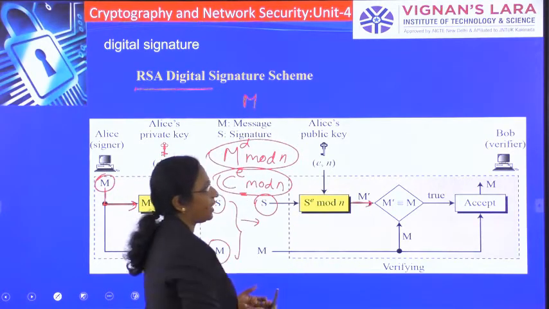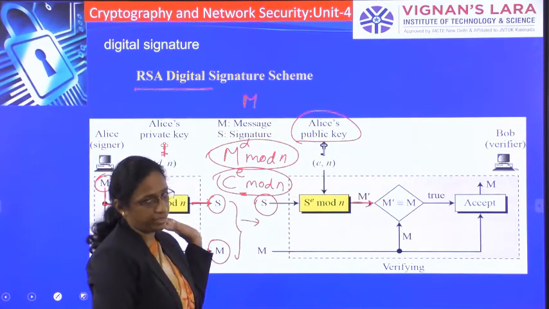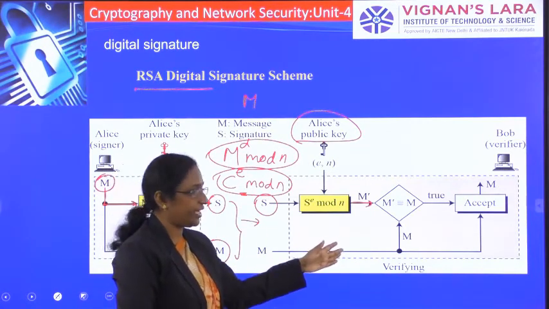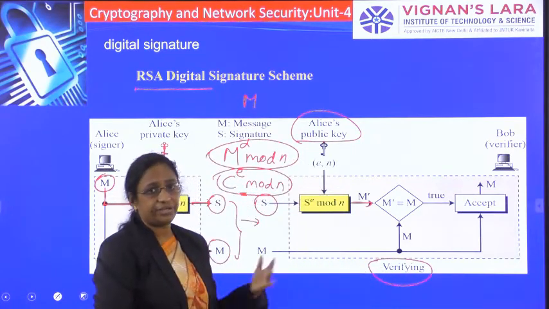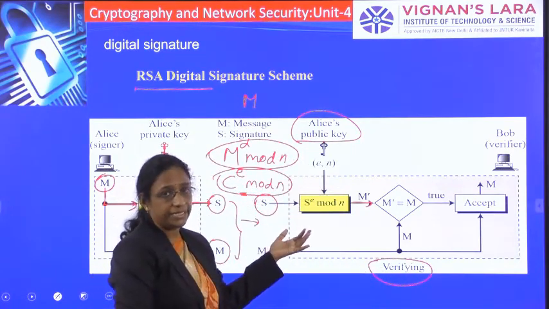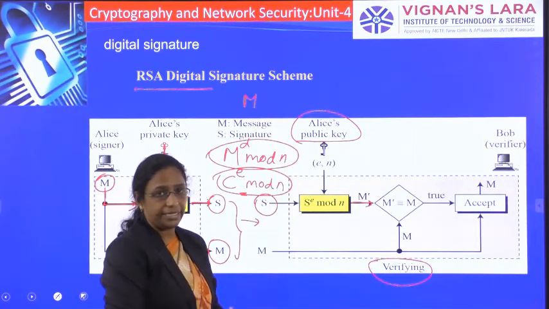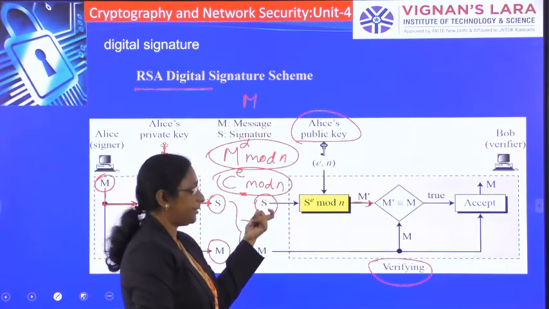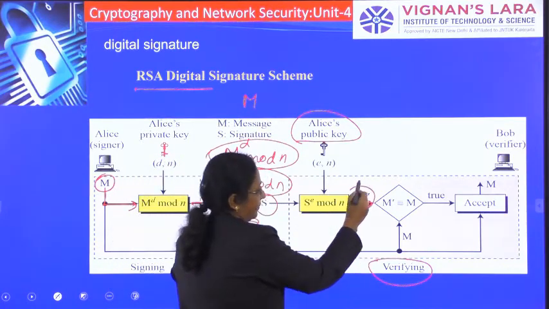While decrypting, he uses the public key of the sender, as we already said for verification. So we take the public key of the sender and decrypt this signature, and we get a message M dash.